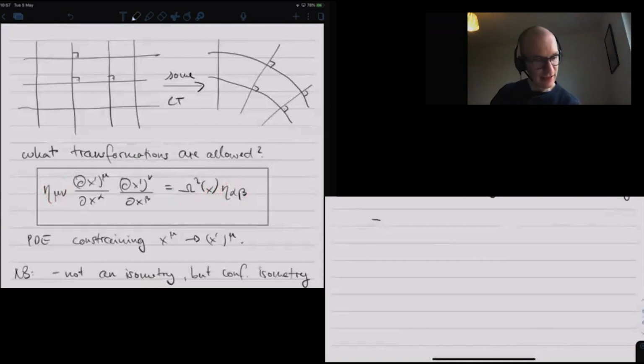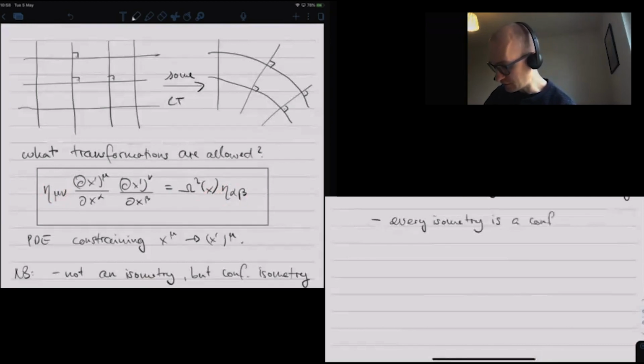Now, of course, every isometry is also a conformal isometry, but one with omega squared equal to 1, so a boring one.